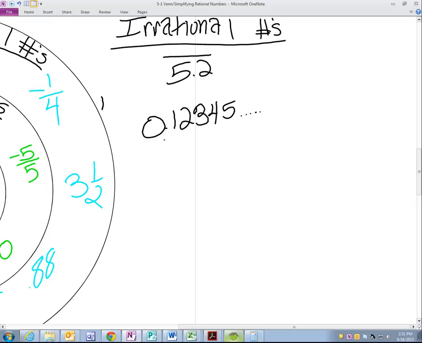Next we have the square root of 2. What a square root is, for example, the square root of 4 is 2, because 2 times 2 is 4.